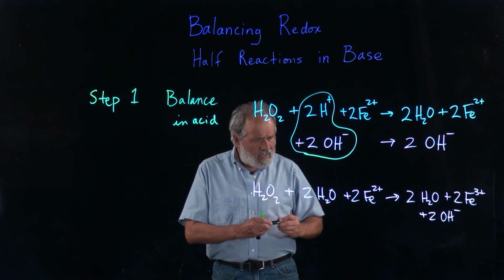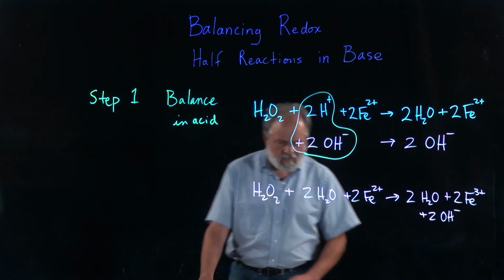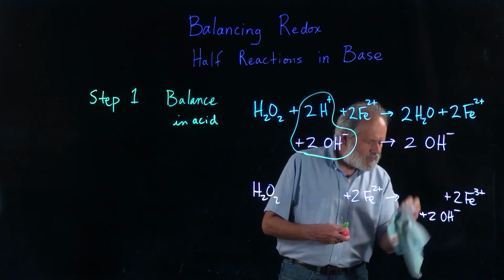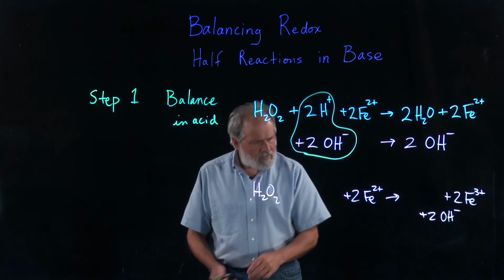Then we note that we have waters on both sides, so we more or less erase them. And of course, if you don't have equal numbers of waters, you have to subtract them from both sides until you have water on only one side or the other.